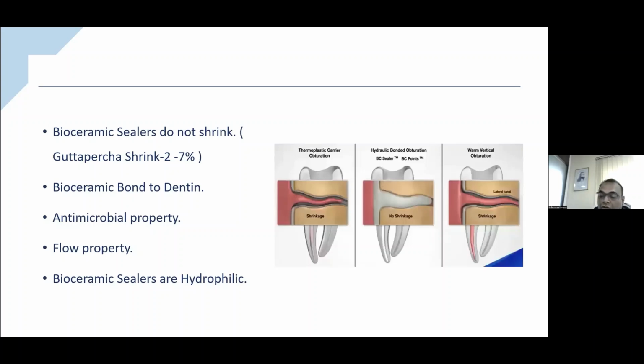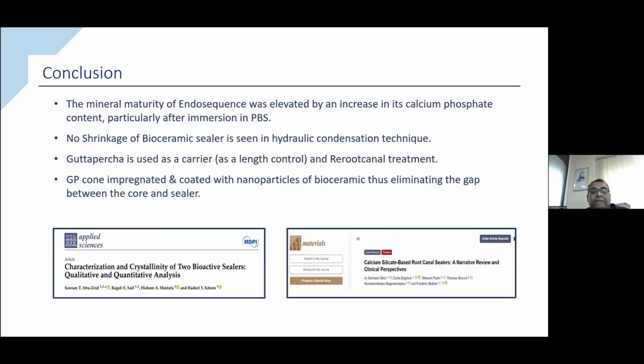So I would like to conclude. The first point, the mineral maturity of BC sealers was elevated by an increase in calcium phosphate content, particularly after the phosphate buffer solution. Second, no shrinkage of bioceramic sealers is seen in the hydraulic condensation technique.